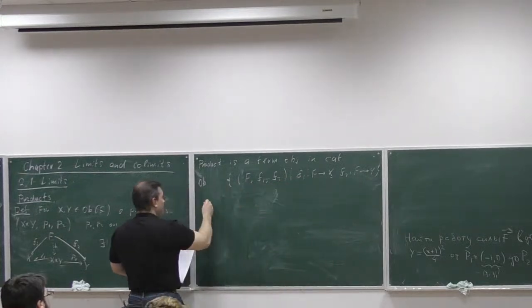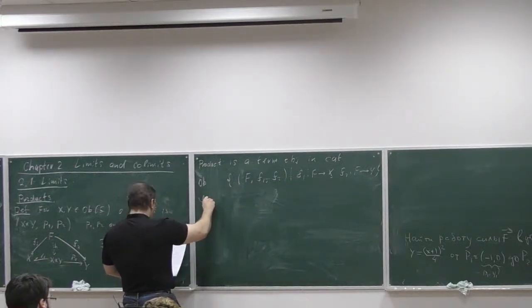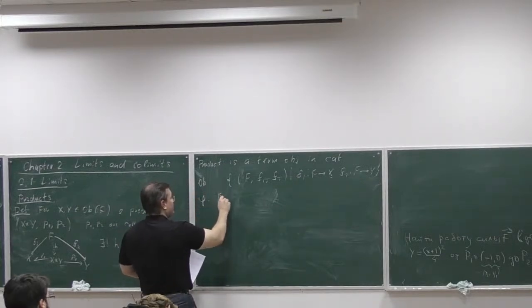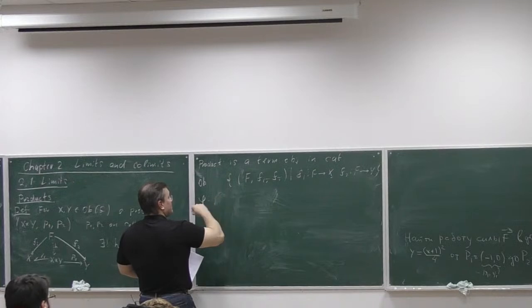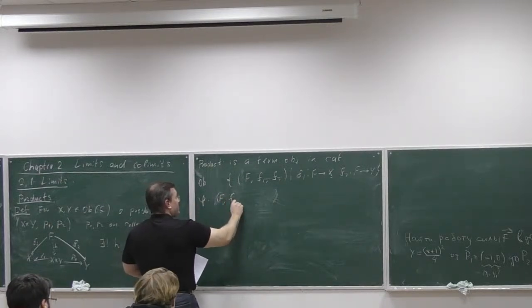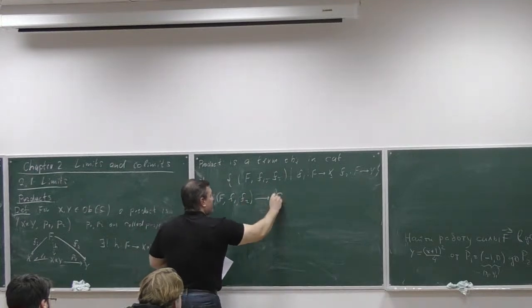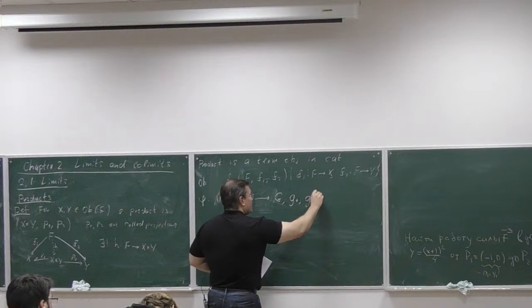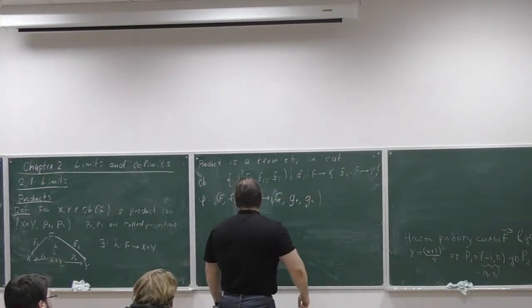And maps: say I have f, f1, f2, and then I have g, g1, g2. So what would be a map?